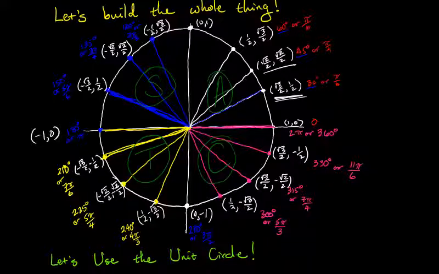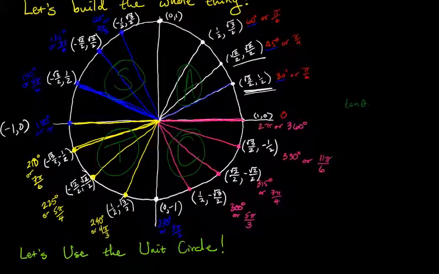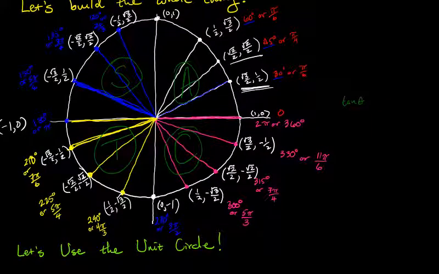And then finally, how would you figure out tangent of theta in the unit circle? Well, there's one of two things that you can memorize. Either tangent in the unit circle is going to be the y value over the x value, so you'd have to look at the whole point and do the y value divided by the x value.